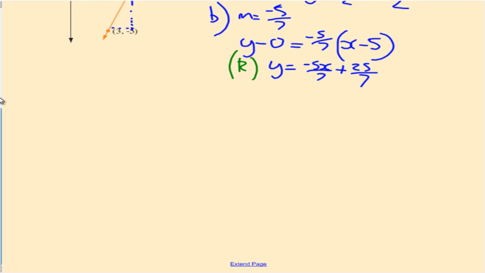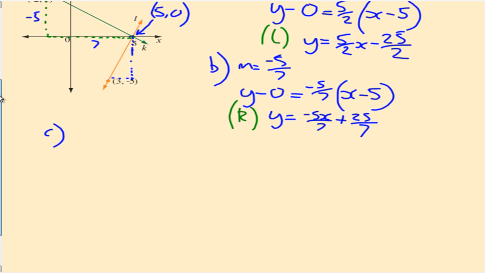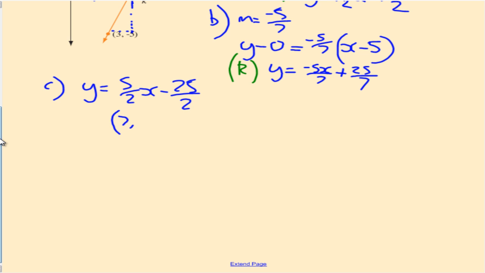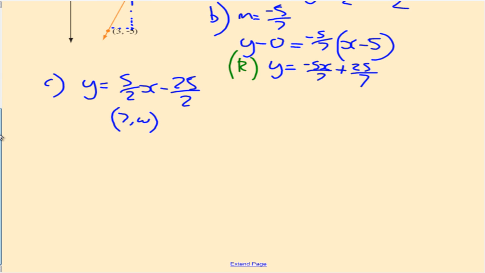So giving ourselves some more room, we're going to be answering part C. The equation we need to use is y equals 5 over 2x minus 25 over 2, and our coordinate that we're given is 7, W. So we have an x value of 7 and a y value of w. So if we simply substitute those values in instead of x and y, we'll eventually be left with what we need.